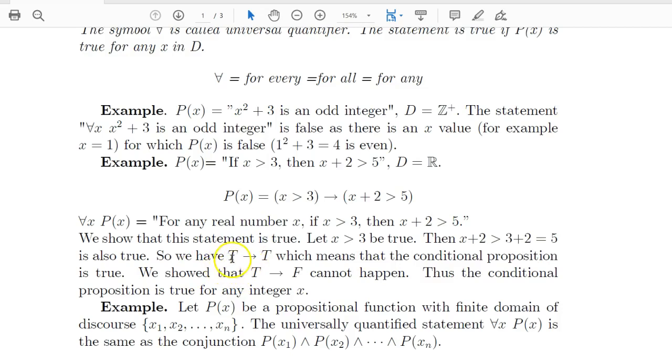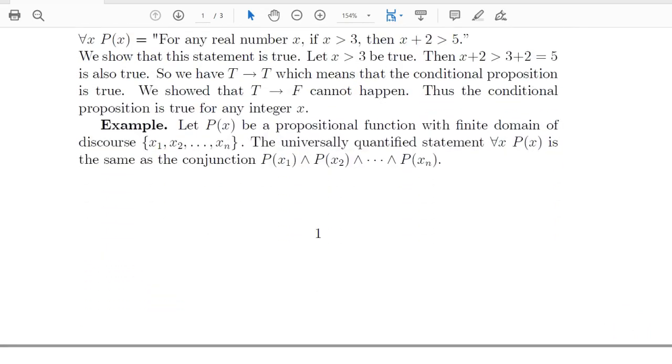So we have: if true then true, which is a true conditional proposition. That is, we show that if true then false cannot happen, regardless of the selection of x, as long as x is greater than 3, then the other inequality is also true.